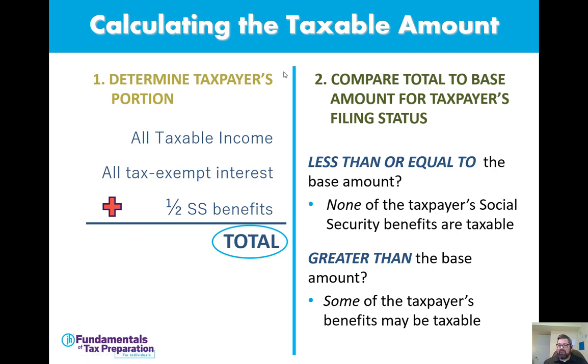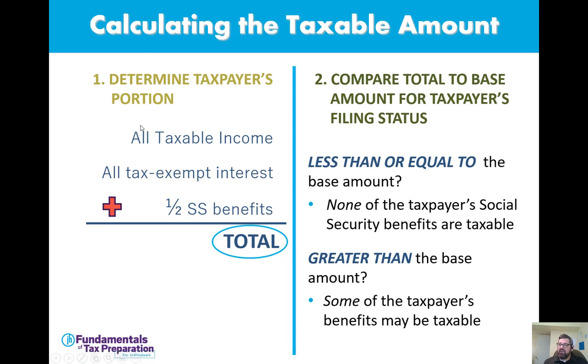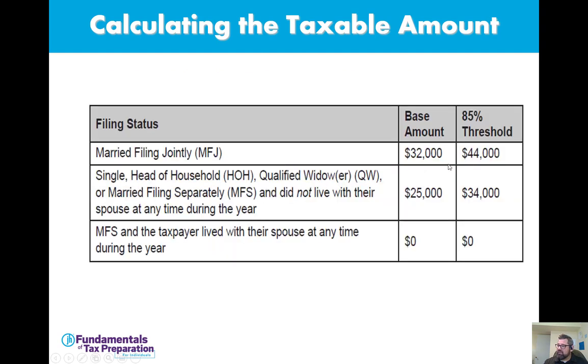You do need to know that Social Security, if it is taxable, is taxable at either 50% or 85%. Those are the two different tiers for Social Security, and this shows you the thresholds for that.